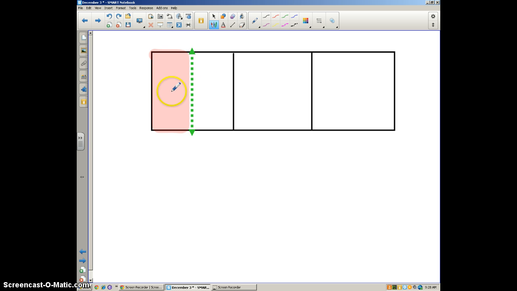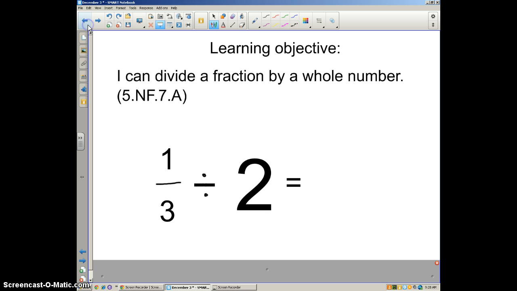The quotient must be half. But if we question the reasonableness of that, we would see that if I take 1/3 and divide it by 2, I should have a smaller quotient. And if 1/2 was the answer, that couldn't be reasonable because 1/2 we know is greater than 1/3.